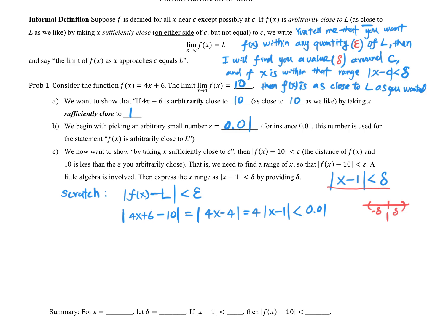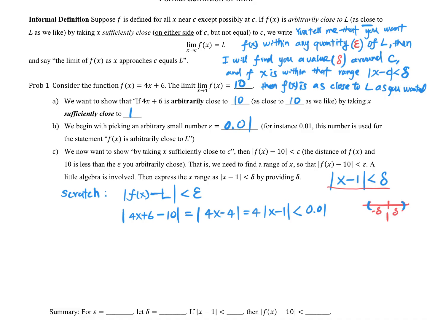So I would find you this range so that as long as x is within this range, then the y value is within the range you specified, which is 0.01 around 10 in this case.